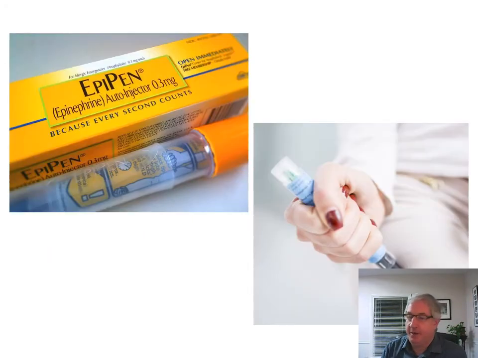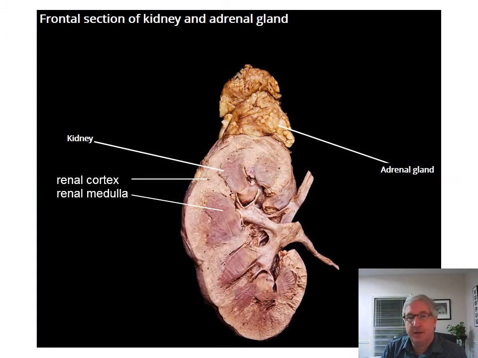If you have allergic reactions, you might have an EpiPen. This has epinephrine in it, so you can inject yourself very easily. If you're allergic to, say, bee stings, you can use this, and it will help save you from a severe allergic reaction.